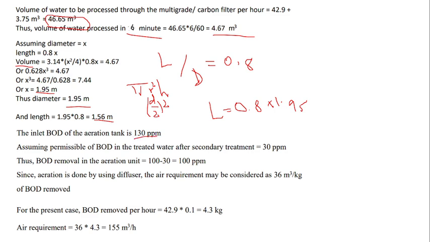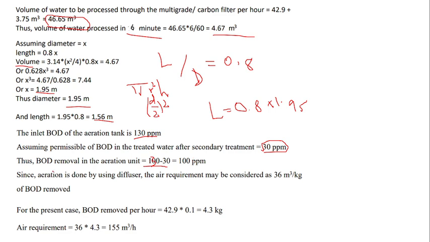We have to assume the outlet BOD by taking the permissible limit. Okay, let us assume after the treatment it is 30 ppm because it should be 30 ppm. Then the BOD removal in the aeration unit is 130 minus 30. Sorry, 130, it was a mistake. 130 minus 30 is 100 ppm. This much amount of BOD is removed in the aeration unit.